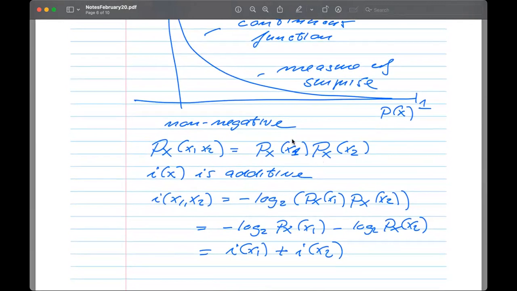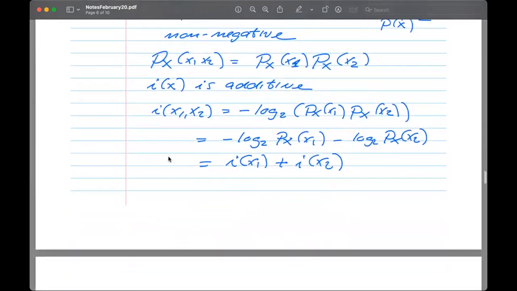One of the nice properties of the probability is that when you take the log, it's actually additive if you have independent and identically distributed events. So this P here represents the probability of finding x1 and x2 given a domain of events, uppercase X.